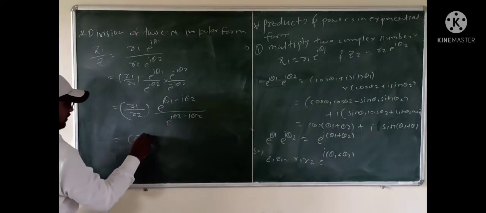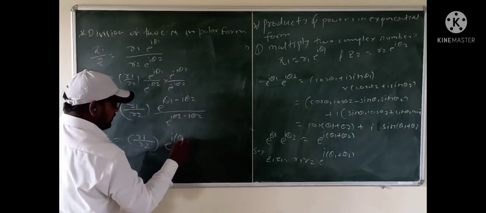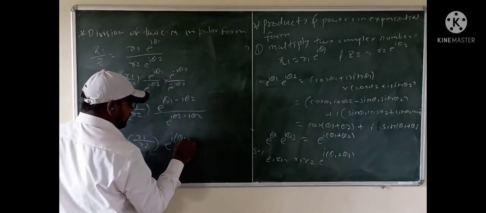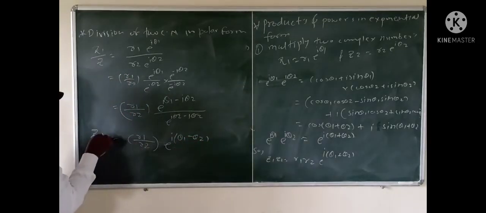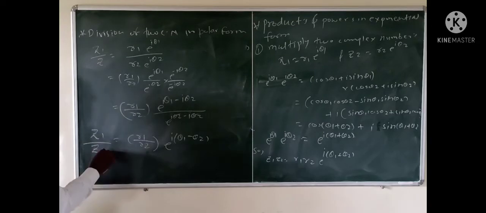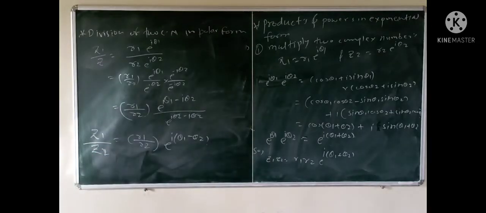Finally we are left with r1 upon r2 e raised to i of theta 1 minus theta 2. This is for the division of two complex numbers in polar form.